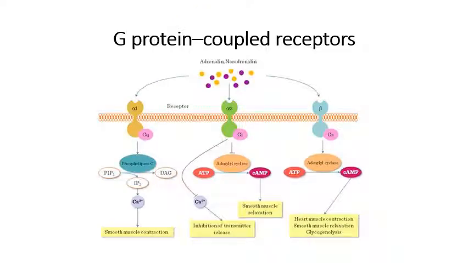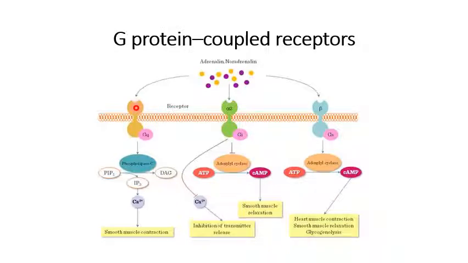Okay, so for G protein coupled receptors, as we said, we have 3 main types of G proteins attached to them. These include GQ, which is linked to alpha-1 receptors.